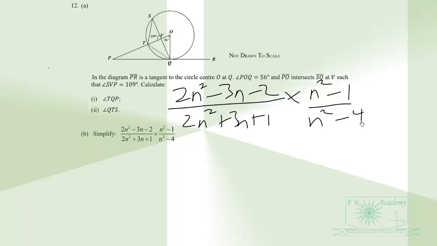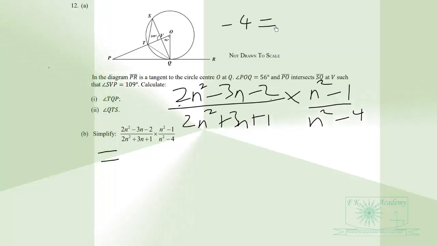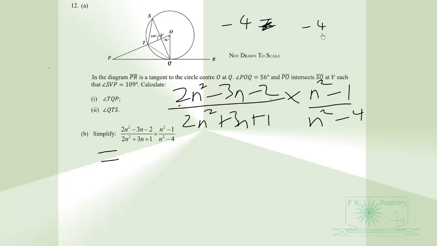So how do we do that? First of all, we need to factor. If you multiply 2 by negative 2, you get negative 4. So factors of negative 4 that when we add, we get negative 3 are negative 4 and positive 1. So we are going to use it to split the middle term here.